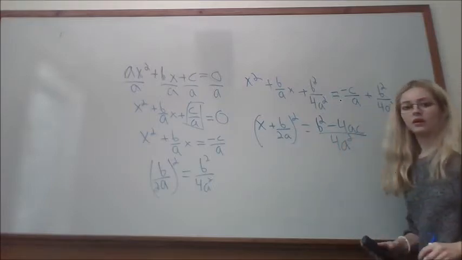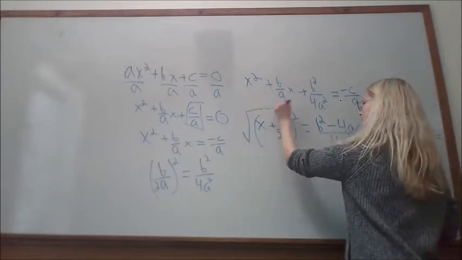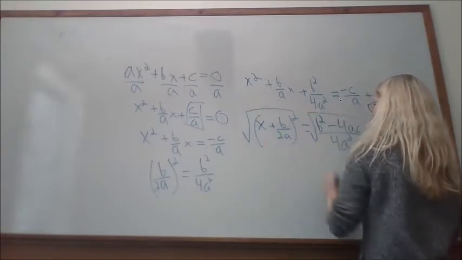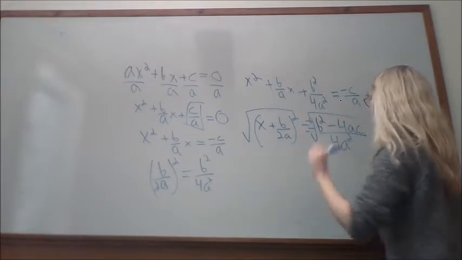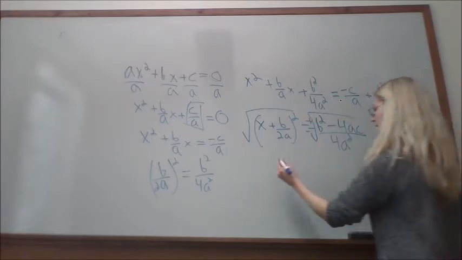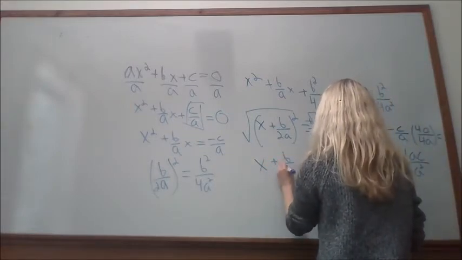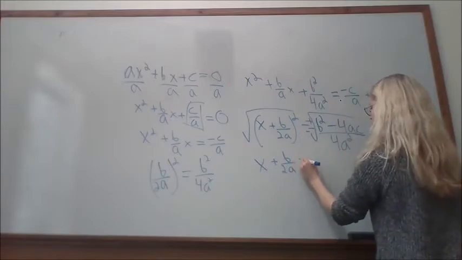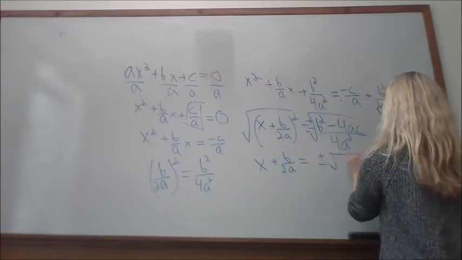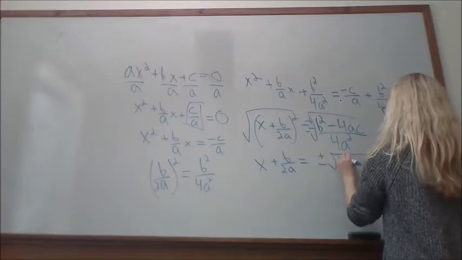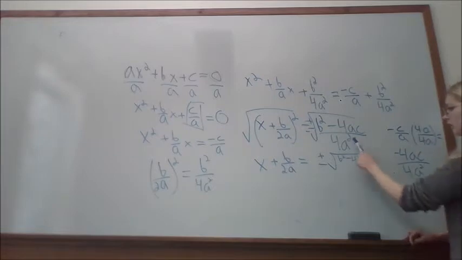So now, we can take the square root. And don't forget plus or minus. So now we have x plus b over 2a equals plus or minus the square root of b squared minus 4ac all over 4a squared.